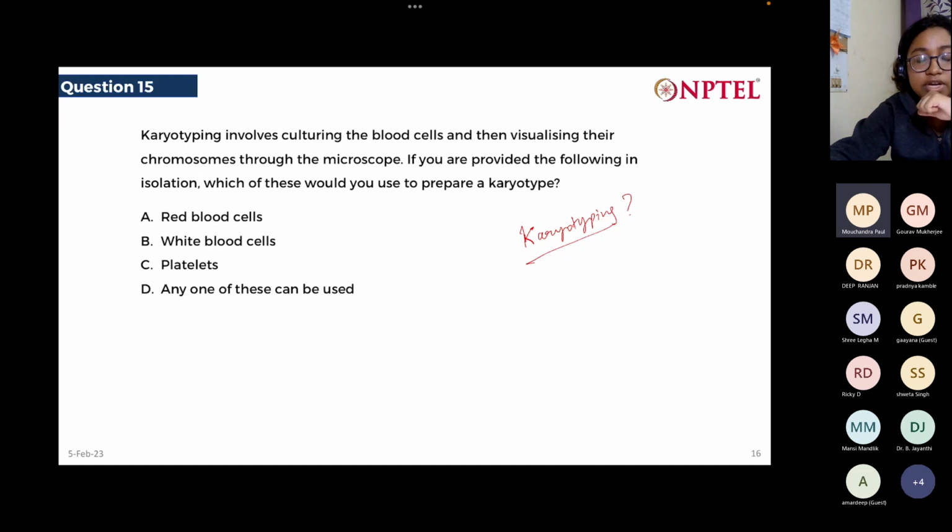So the correct answer is the white blood cells, right? Definitely. Whoever gave the answer, you are correct. But why can't we choose platelets then? It's obvious. You have studied in your class 12 level that red blood cells are enucleated. They don't contain a nucleus at all. So red blood cells definitely can't be used for karyotyping. But why not choose platelets?